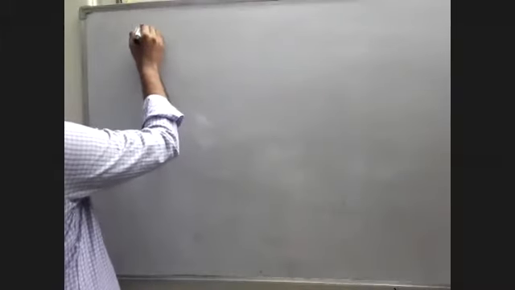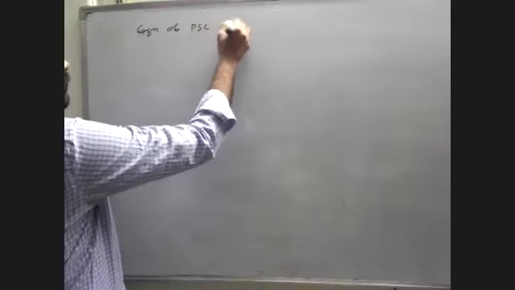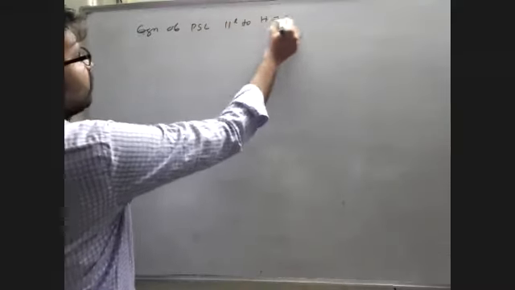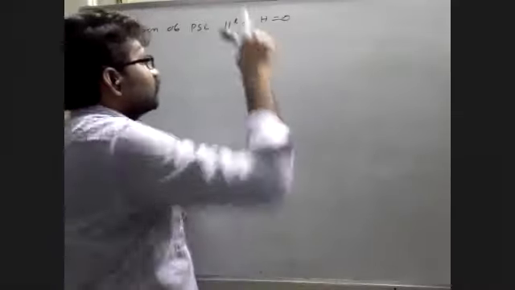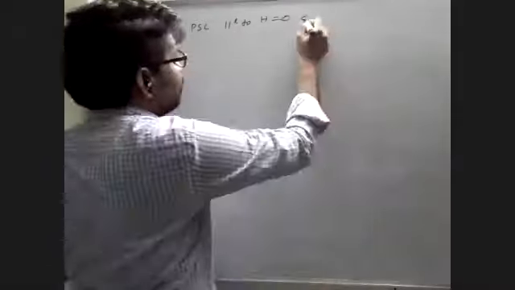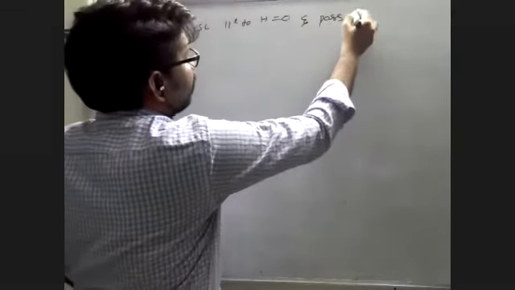That is the equation of the pair of straight lines parallel to a homogeneous pair of lines, h equal to 0, just now I wrote, and passing through a point x1, y1.